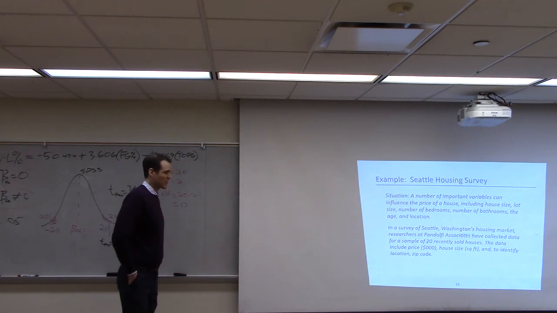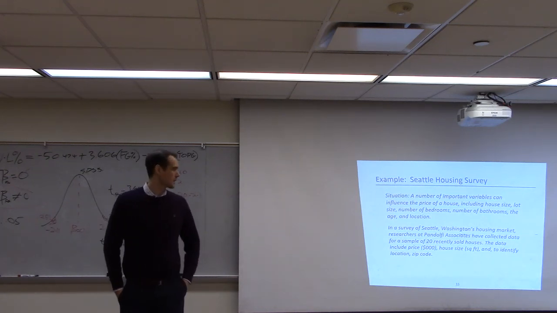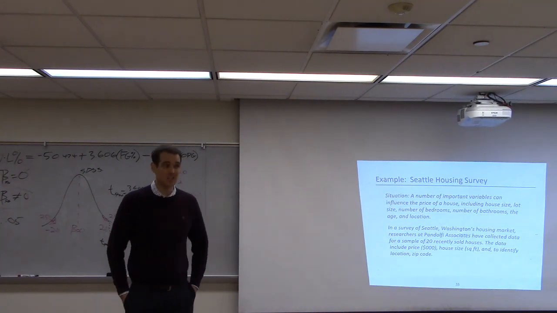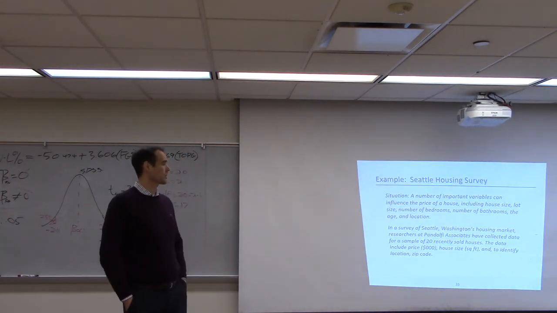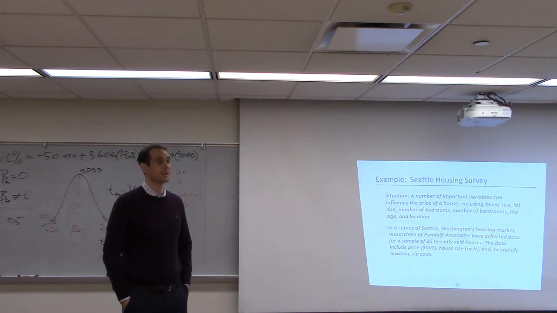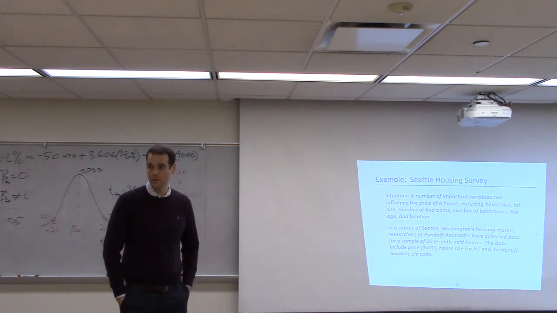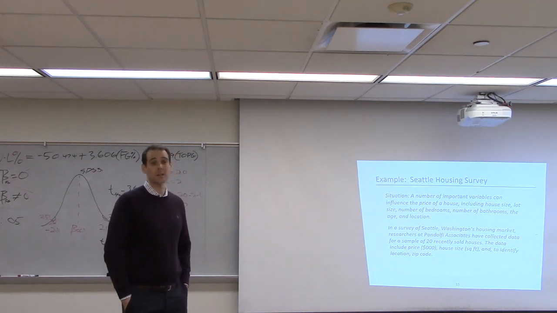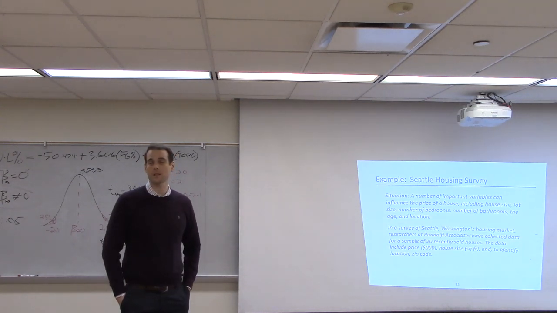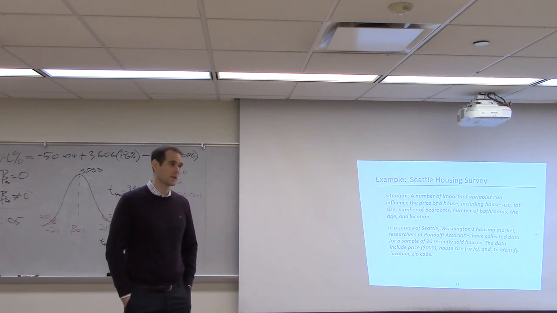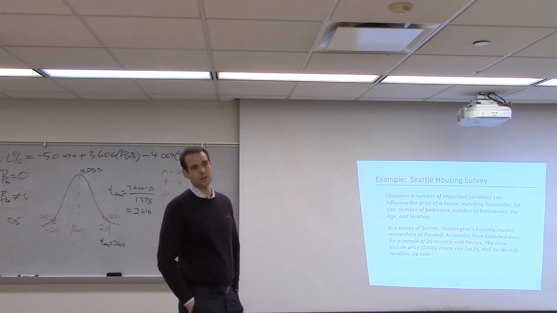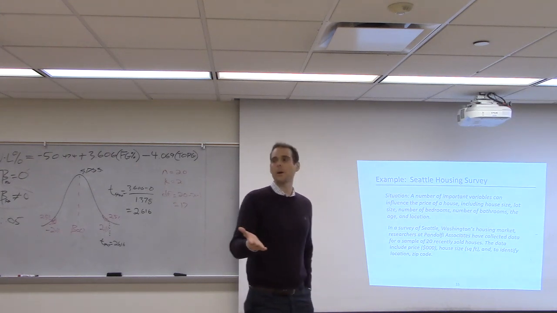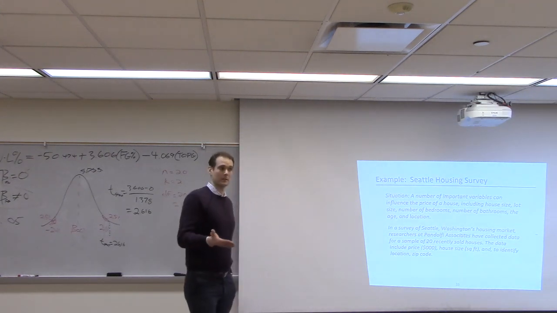Let's take a look at an example. We've got a bunch of real estate data in Seattle, and we're going to try to predict the estimated sales price of homes. The first independent variable is the square feet of the house, which goes into the regression equation as part of predicting the estimated sale price.